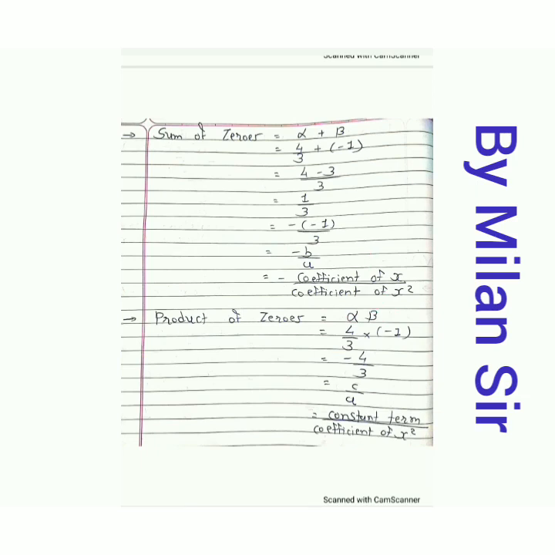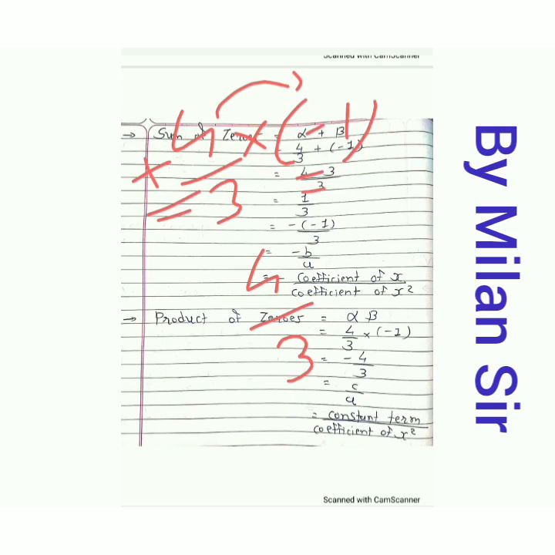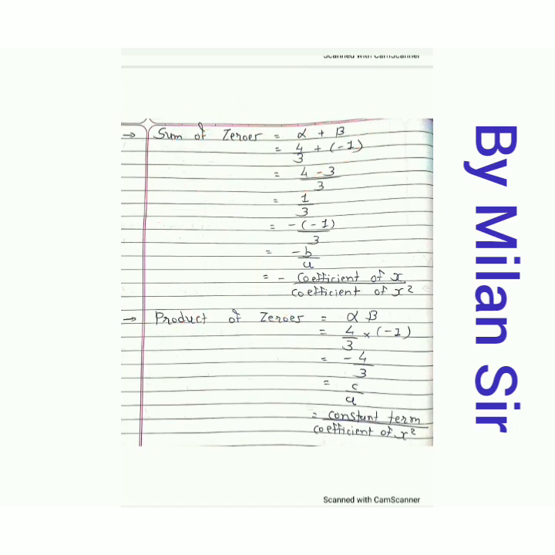Just multiply numerator with numerator. 4 ones are 4. So 4 by 3 and minus 1. Numerator with numerator, 4 ones are 4, and the denominator is the same number 3. Then plus times minus is minus. So minus 4 by 3.